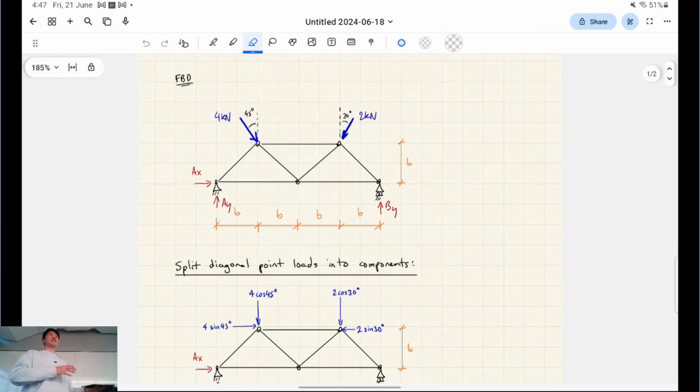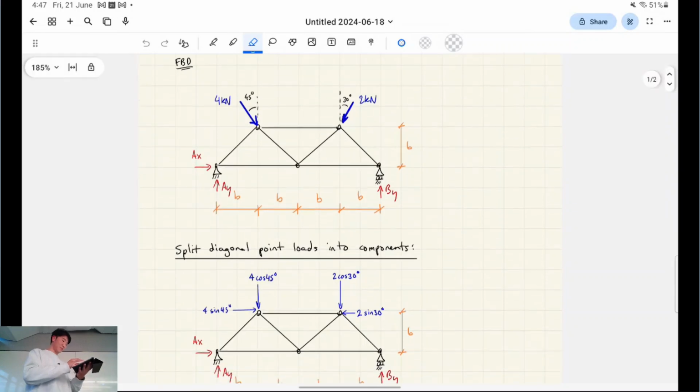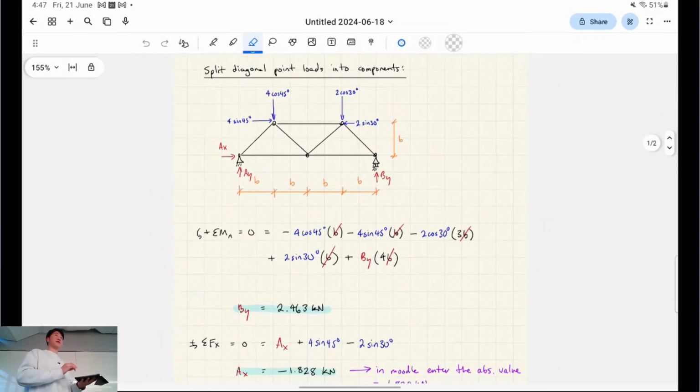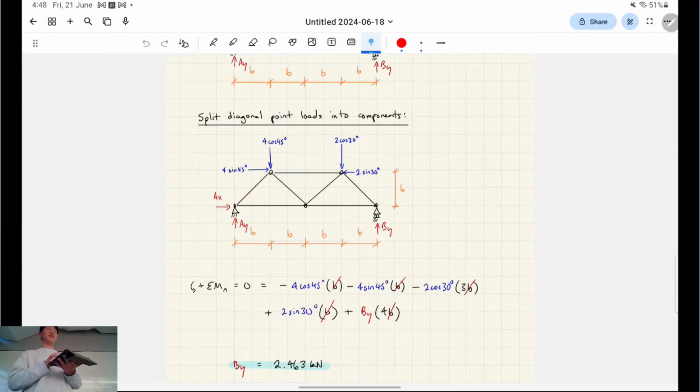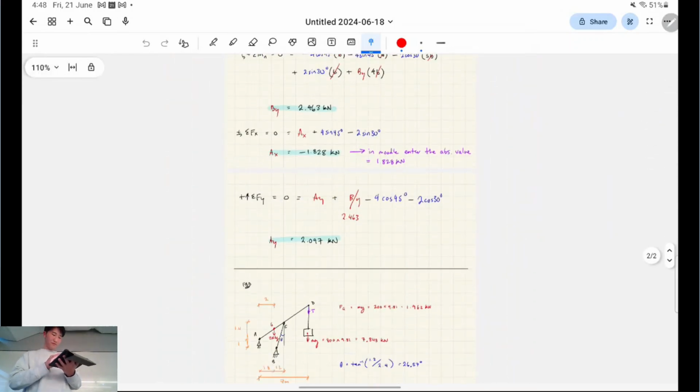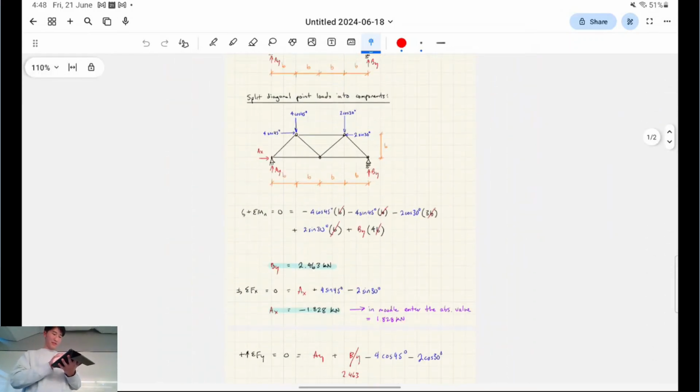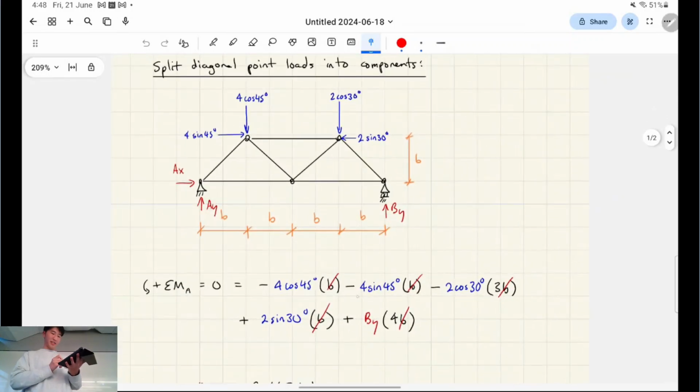We just need to know that this is some sort of structure, and we can take the sum of the moments and the sum of the forces and work out what those reactions are. Oh, and by the way, the arbitrary distance b gets cancelled out when you take the sum of the moments. So that's the trick with that question.